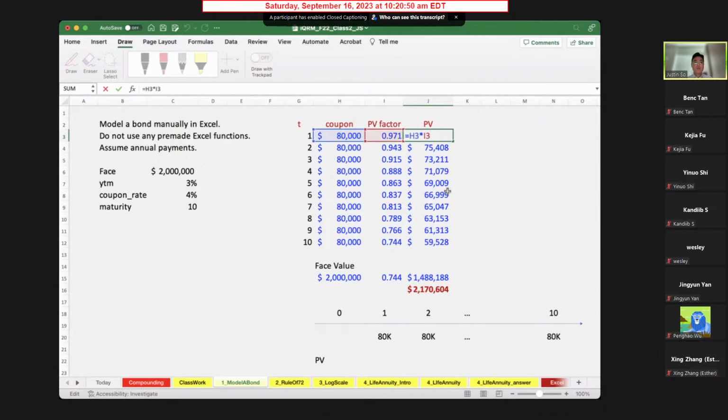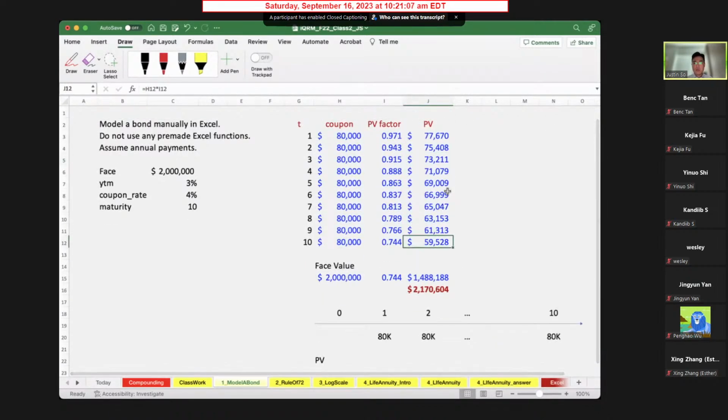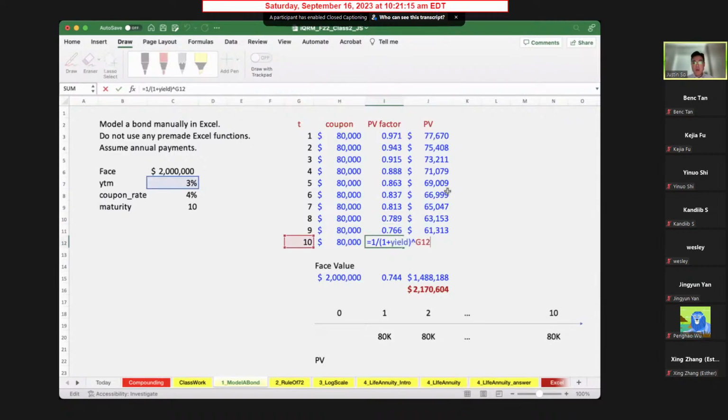The present value of this $80,000 at the end of the first year is $77,670. You calculate this every year. So let's see the 10th year. First of all, the present value factor, right? You can imagine just the power has changed in the denominator.